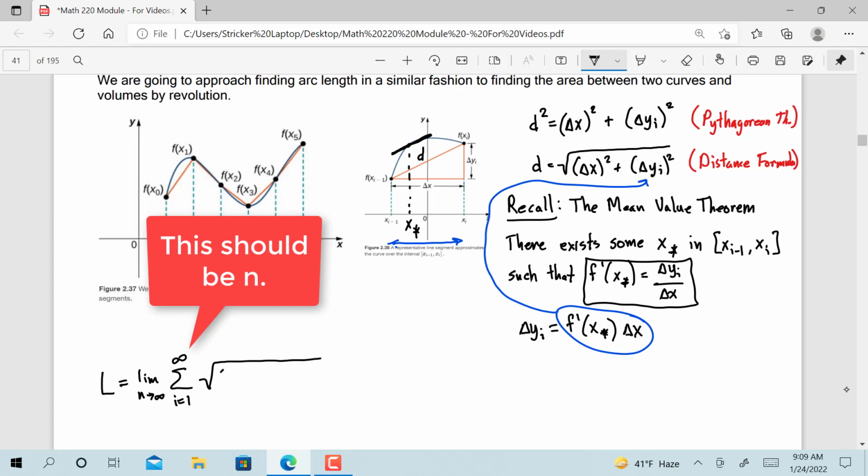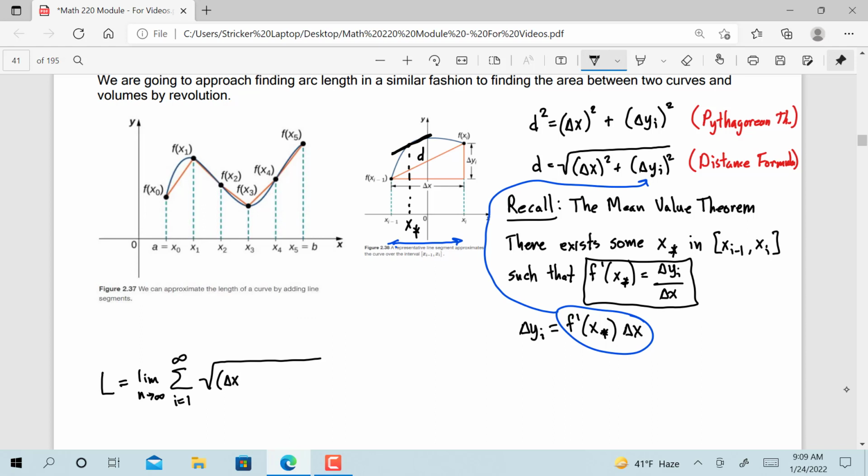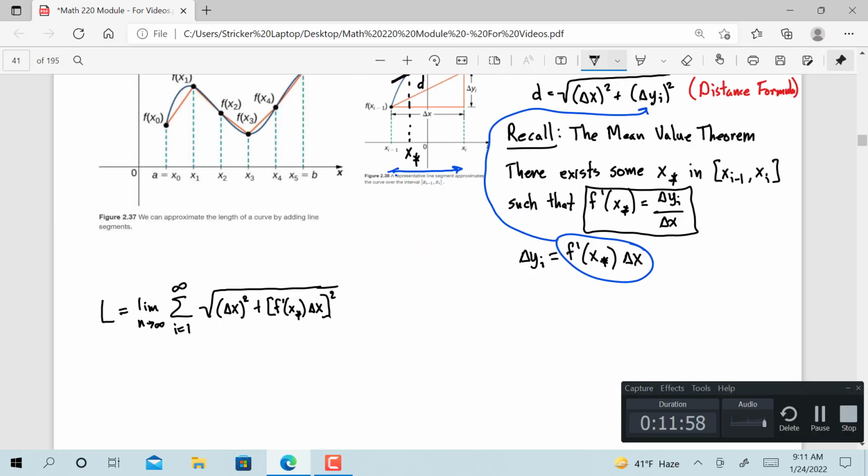So that's, again, delta x squared plus, now instead of delta yi, that's equivalent to f prime of x star times delta x squared. And since both of these expressions have delta x squared in them, we can factor that out.